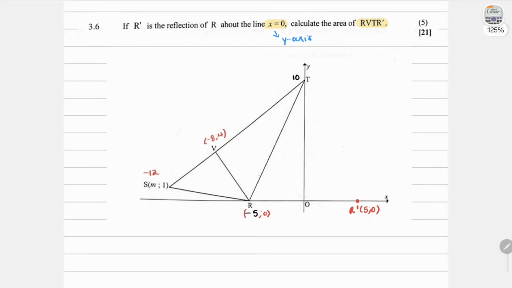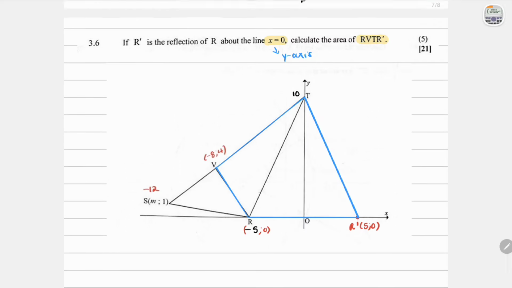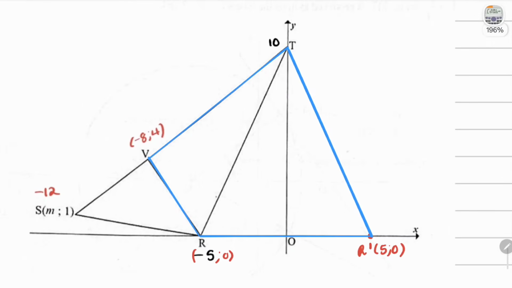So if we have this, they want us to calculate the area of RVT R prime. So that is going to go like this: RVT R prime. So do you see the quad that it creates? This quad. So let's go ahead and draw that out first. Okay, so this quad, let's see how we can actually find the area.